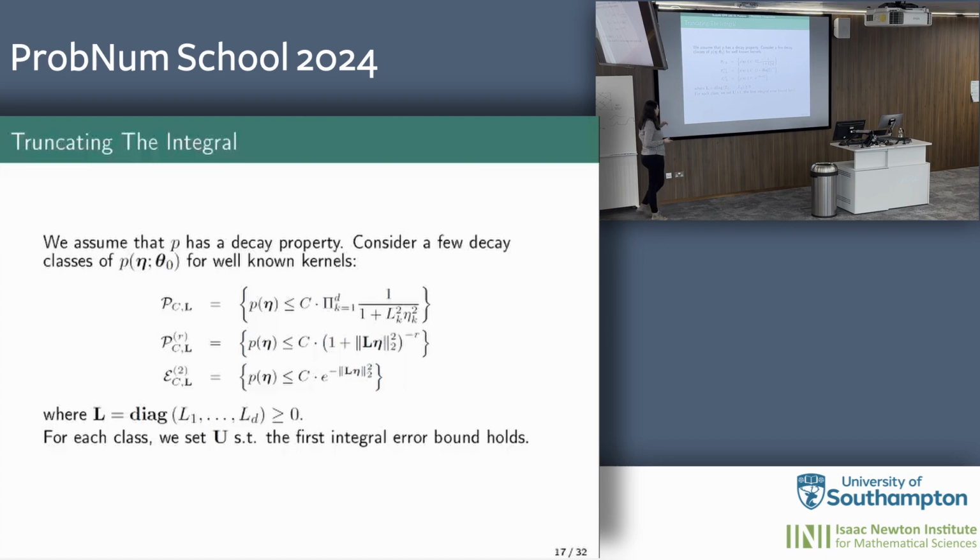Regarding the decay properties, these are some of the classes that we consider for the density decays. The first one is associated with the Cauchy kernel, I think. The second one is for the Matern kernel, and the third one is for the Gaussian kernel.